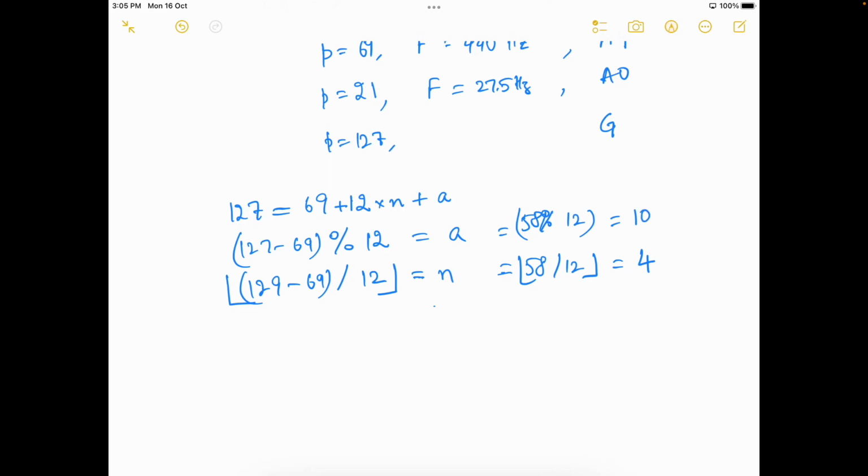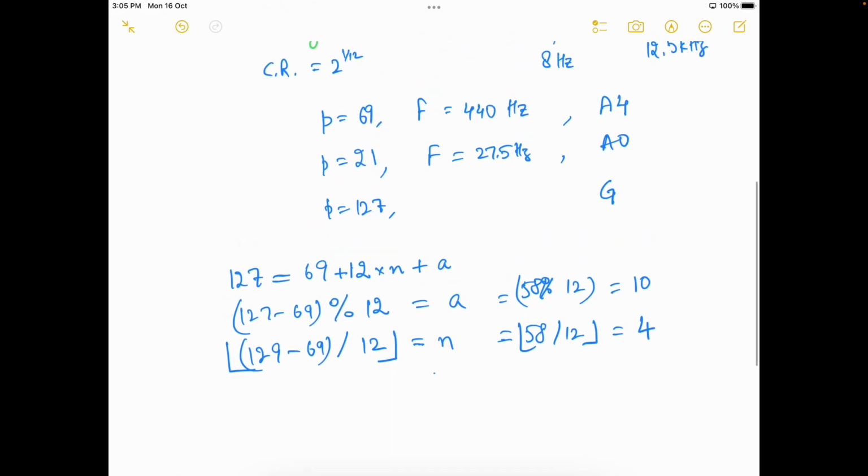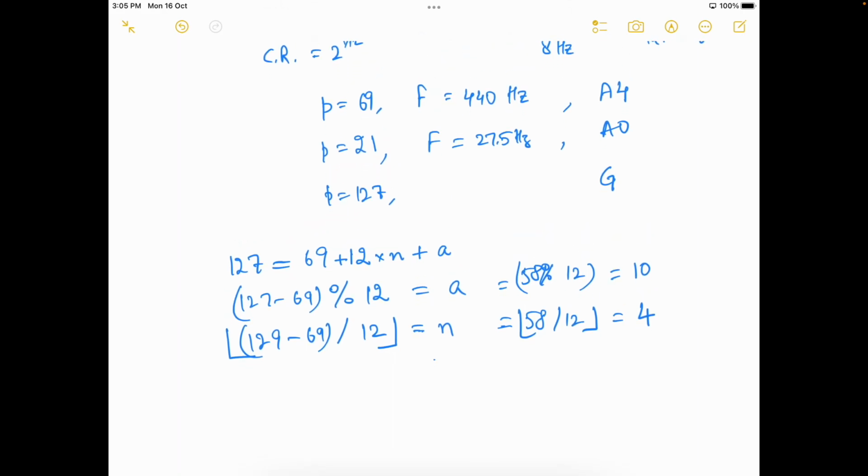Which means I have to add 4 to this octave. So if this was A4, it becomes G8, right?